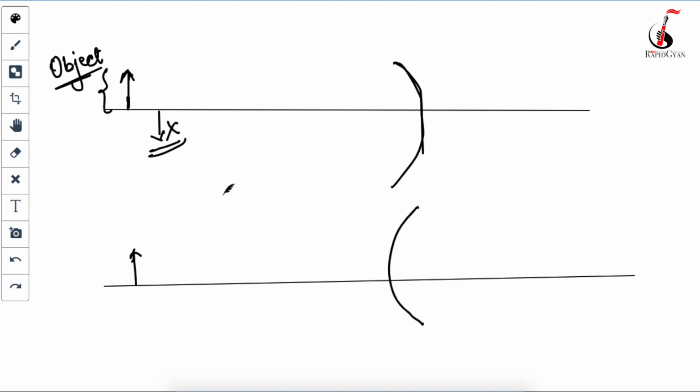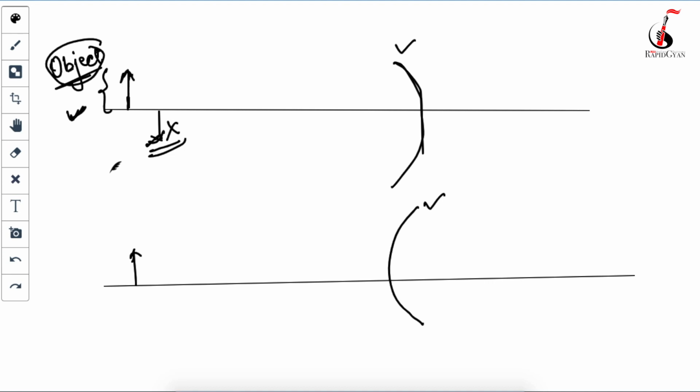It doesn't mean that you cannot place your object on the right hand side, but you don't have to place it there. So whenever you are going to solve any numerical or draw the image formation, whether by a concave mirror or convex mirror, just remember these two things: the object should always be on the left hand side and it should always be erect.